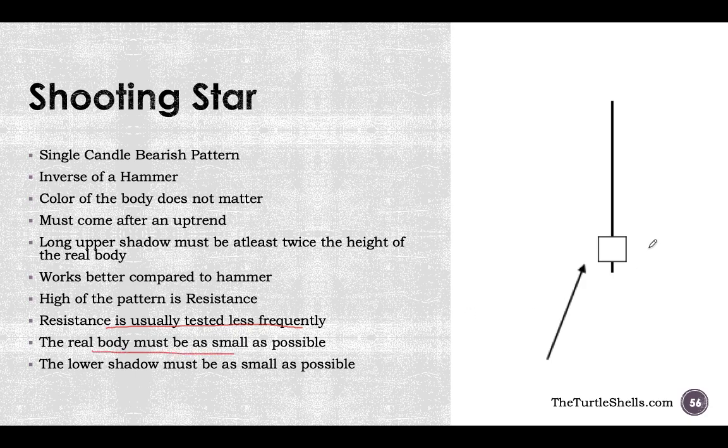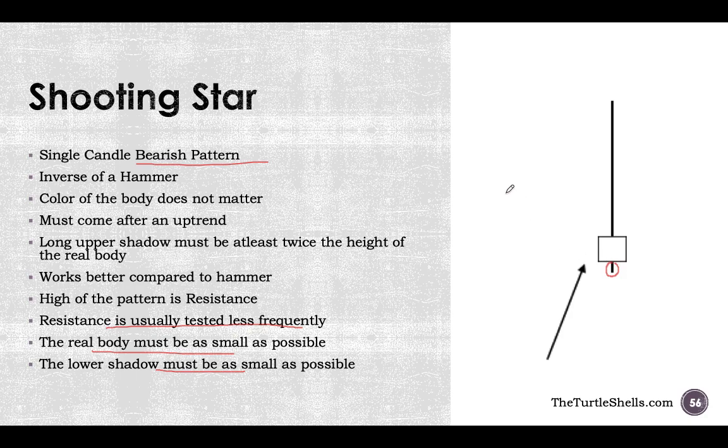The real body must be as small as possible and the lower shadow must be as small as possible. All the conditions for the hammer, just in reverse. The lower shadow must be small because it represents bullishness and this is a bearish pattern. So we want the upper shadow to be long and the lower shadow to be as small as possible.